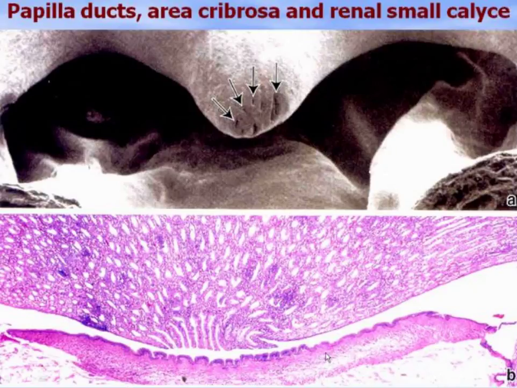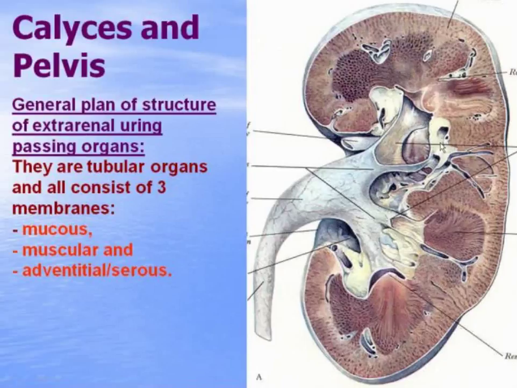So here initially accumulates the final urine. Small calicles fuse to the large calicles, and large calicles fuse to the pelvis, and then continue to the ureter.